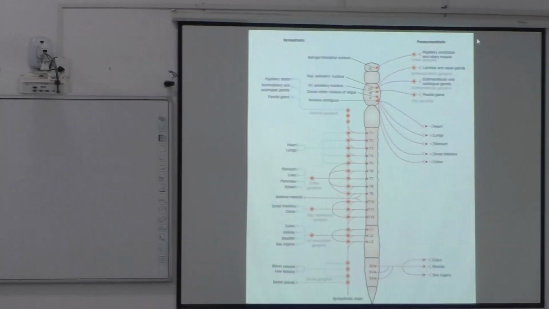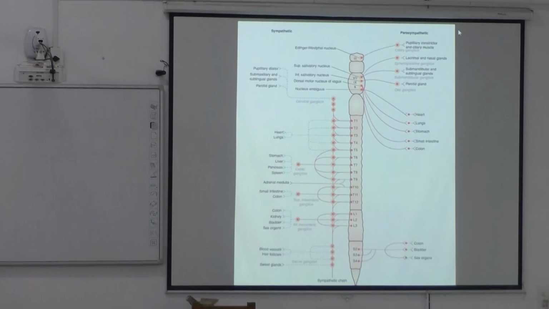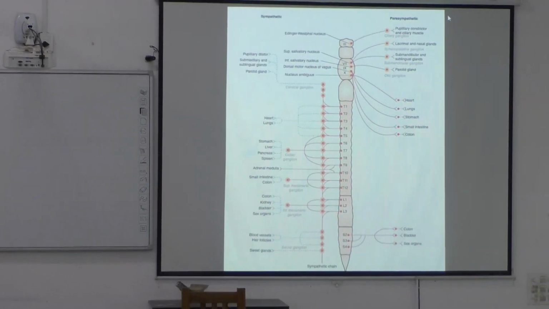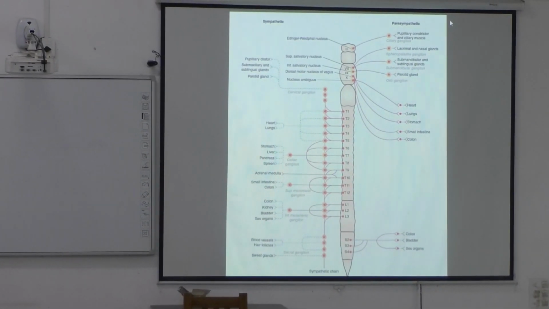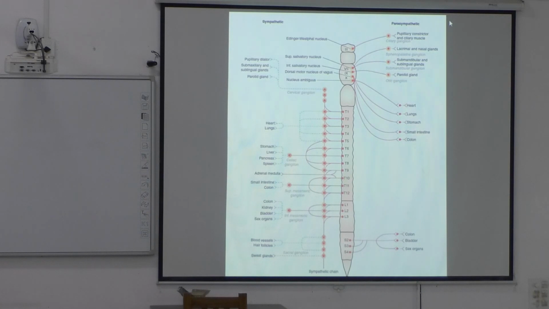Usually they have antagonistic functions, but they occur according to the needs of the body. Like heart rate will decrease under parasympathetic control. Under sympathetic control, heart rate will increase. That is just an example.